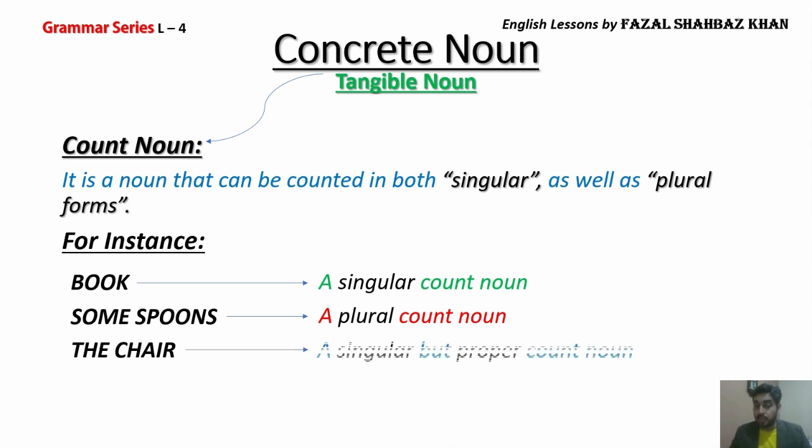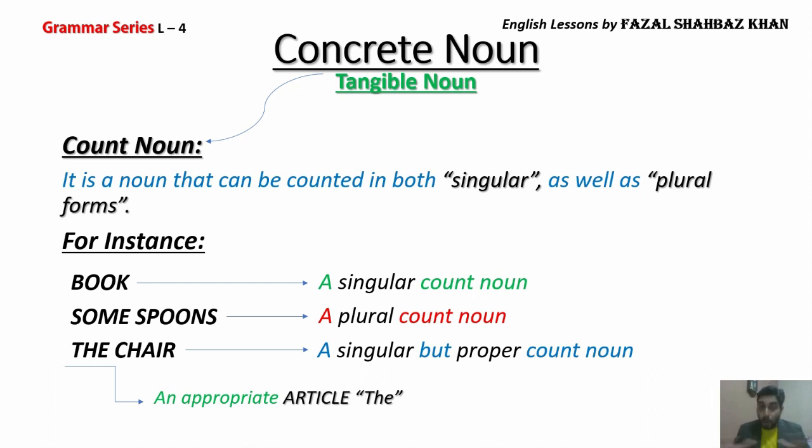As you can see the concept here. So the chair actually here becomes a singular, but proper count noun. So what made it proper is the attachment of an appropriate article. We can have articles attached to our count noun. Say for a common chair we can say a chair. For proper chair, as we have said, the chair. And if we are talking about more than one chairs and they are proper as well, so we can even say the chairs.